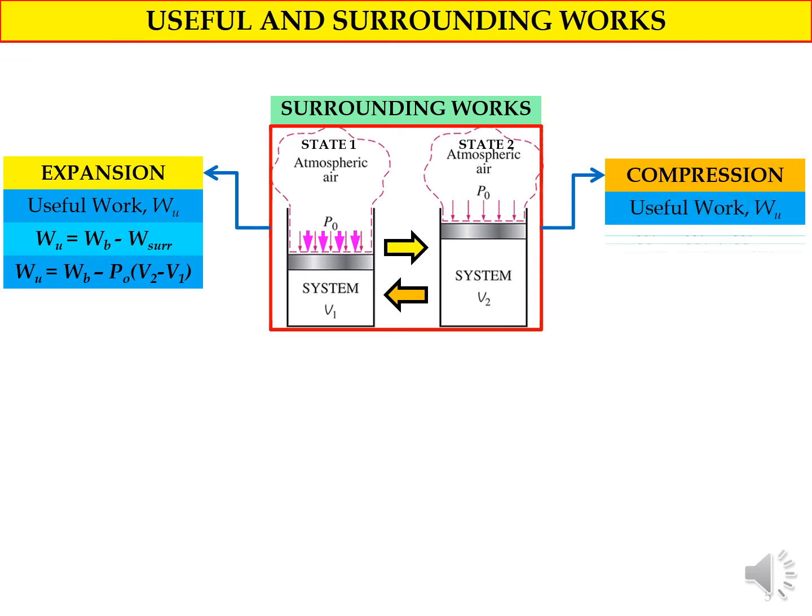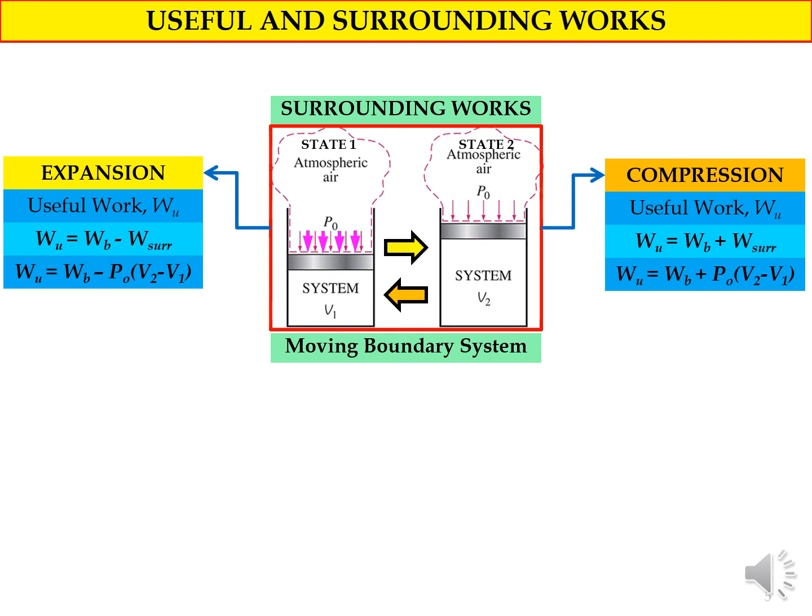And then the useful work W is equal to W_b, the boundary work, plus the work of the surrounding. W_b is the boundary work, which is the movement of the piston, and the work of the surrounding is by the atmospheric pressure. We can expand this, and you can see the equation something like this. This is a moving boundary system.